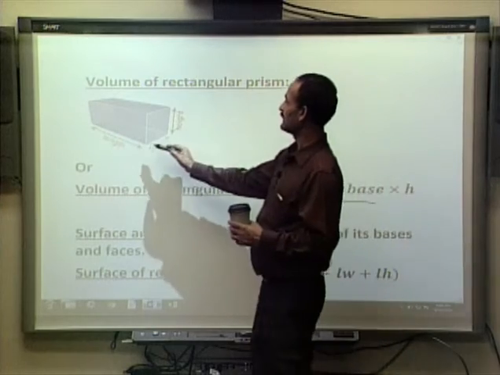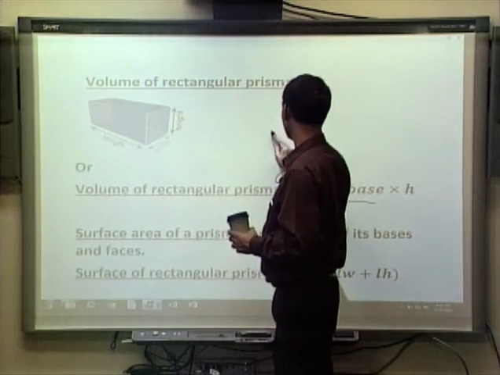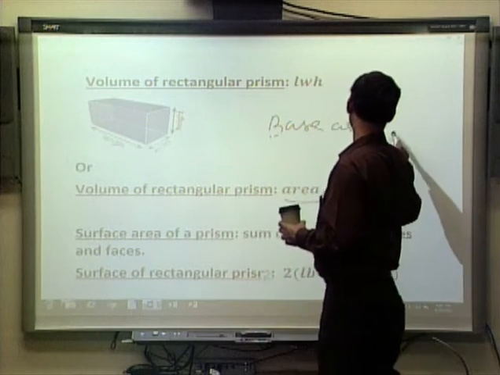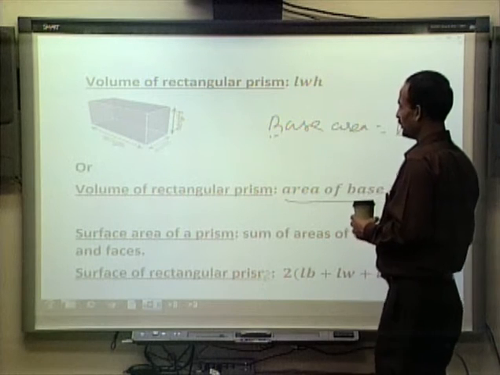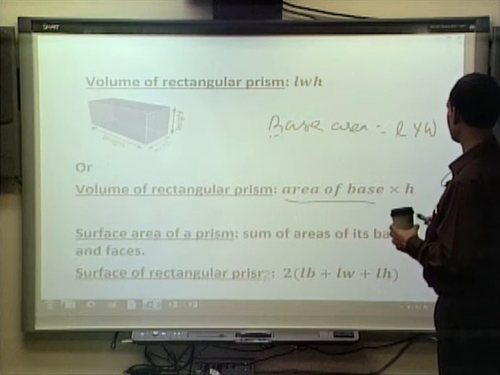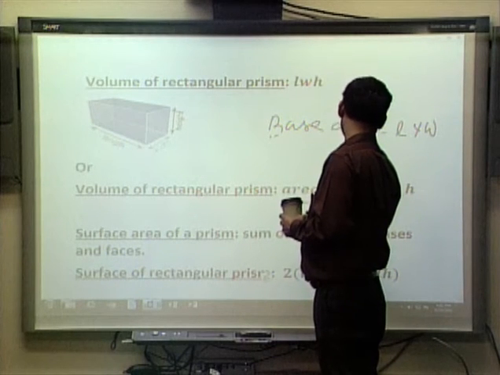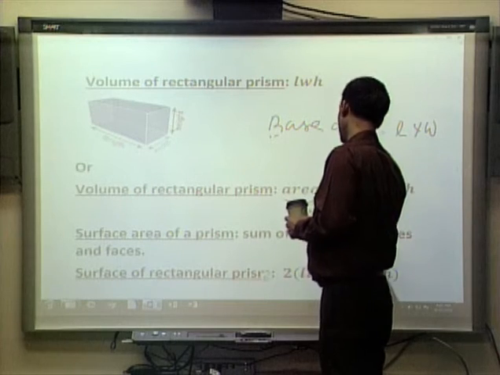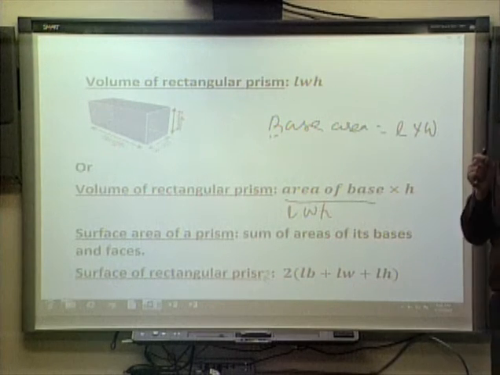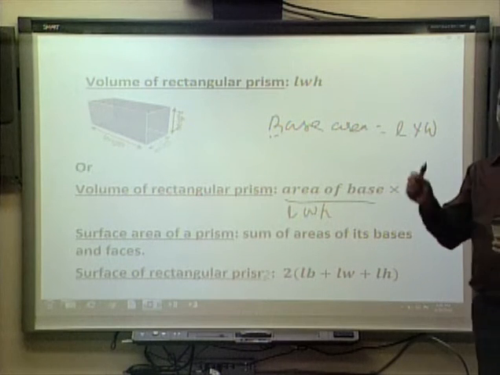In this case, the area of the base will be length times width. So, the volume of a rectangular box can be written as length times width times height as well. That length times width refers to the area of the base for a rectangular box.